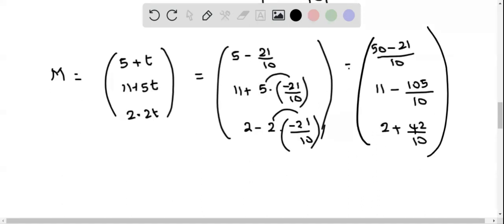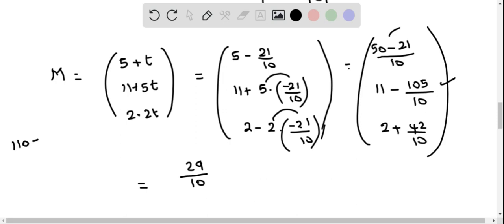We will simplify this. 50 minus 21 equals 29 over 10. So I put 29 over 10. We can simplify this.